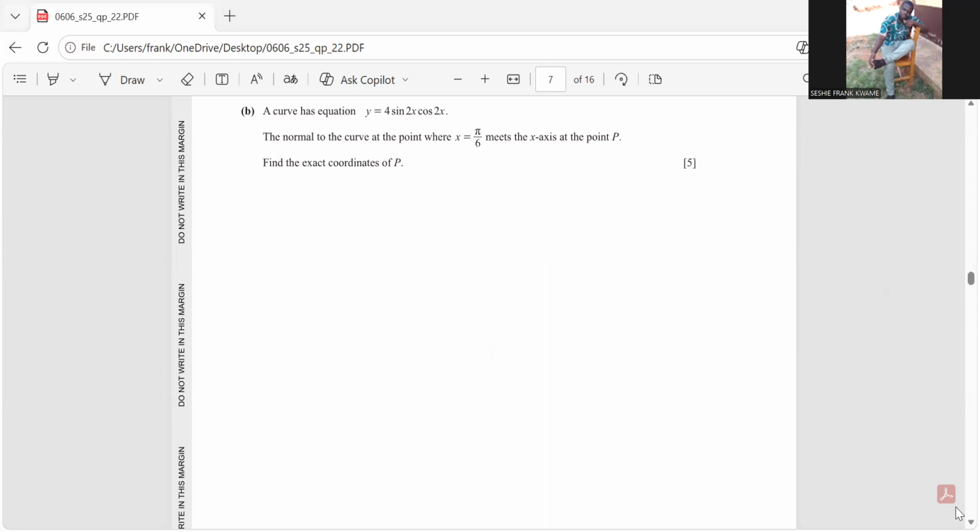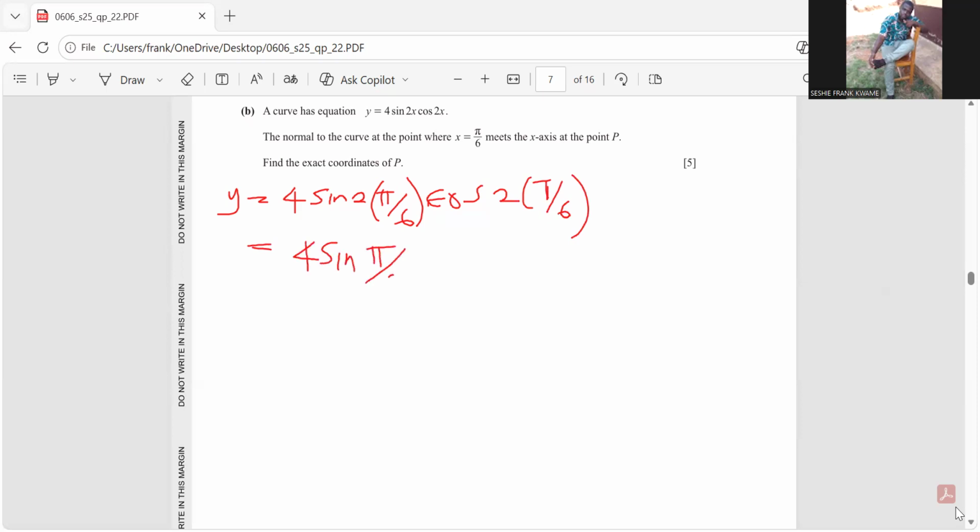So y should be 4 times sine 2 pi on 6 cos 2 pi on 6. Don't forget, this is going to be pi on 2, 4 sine pi on 3 cos pi on 3.